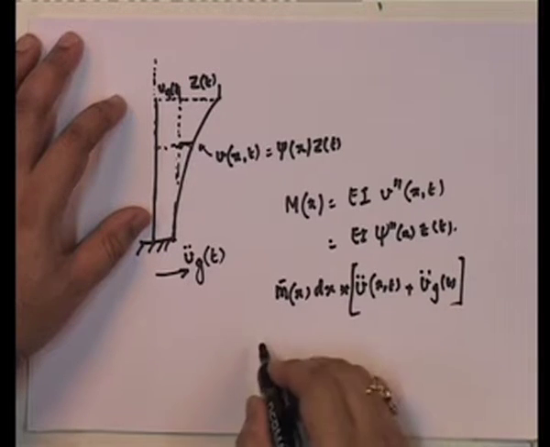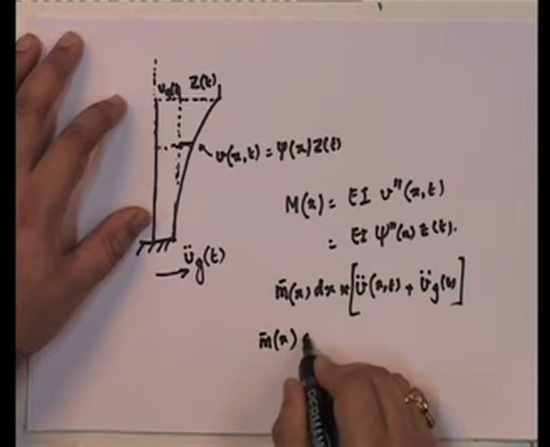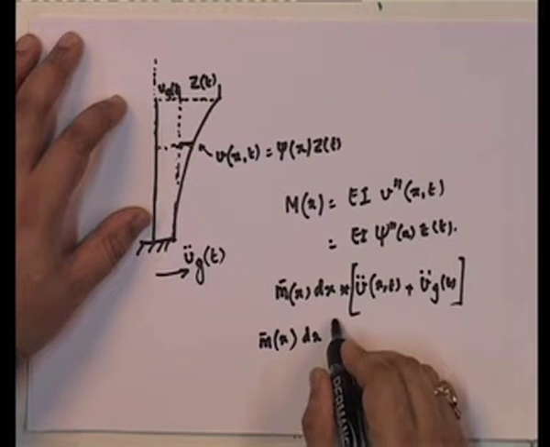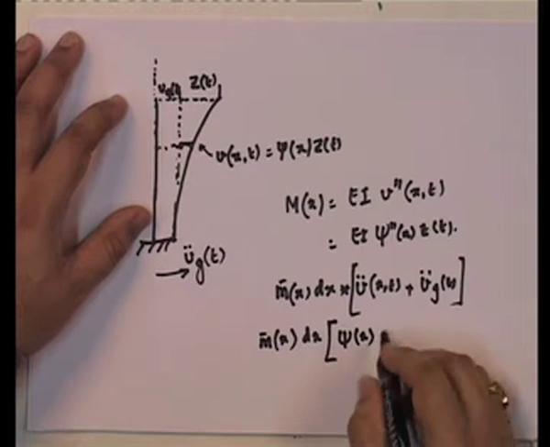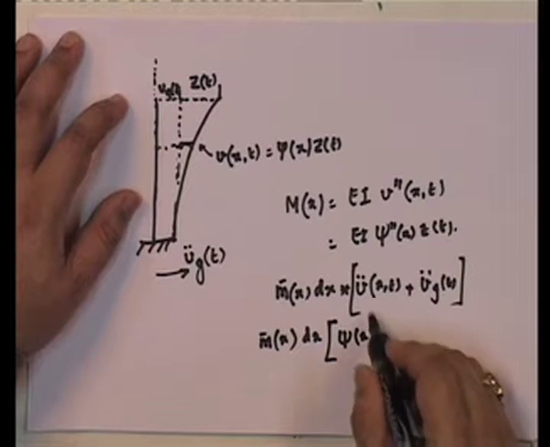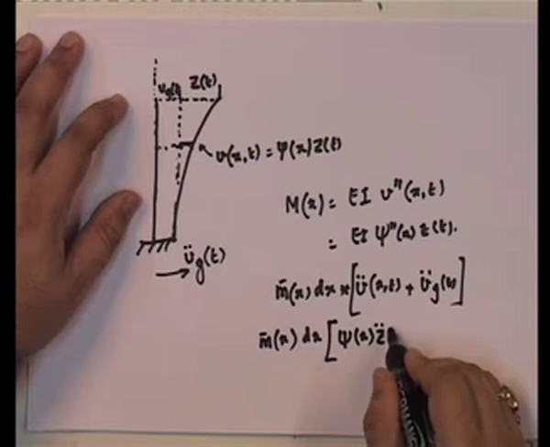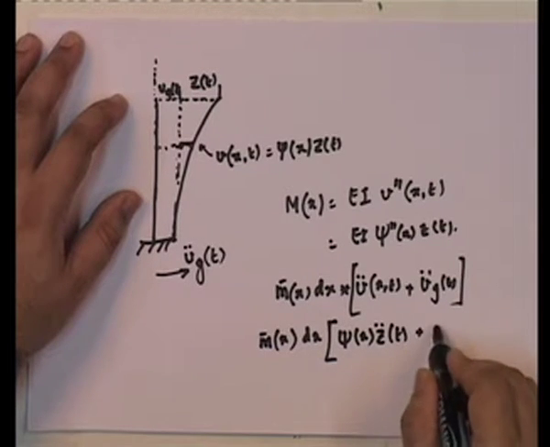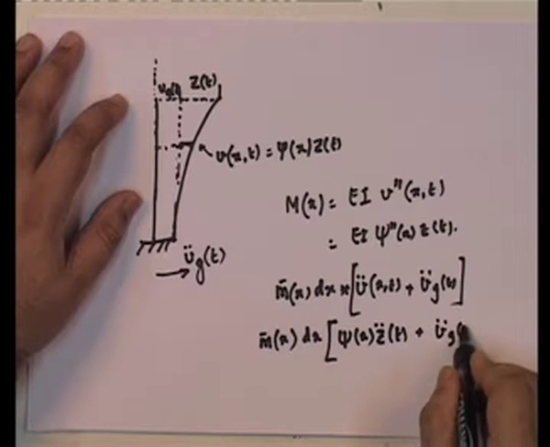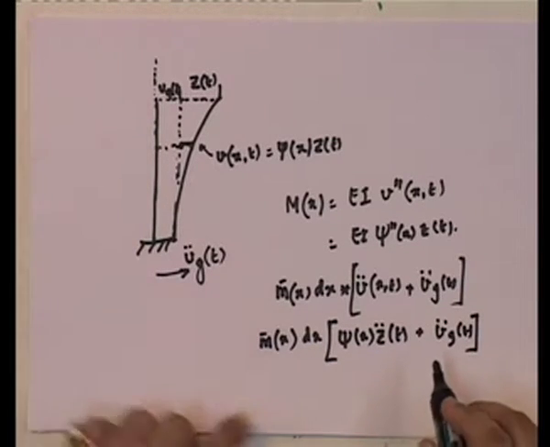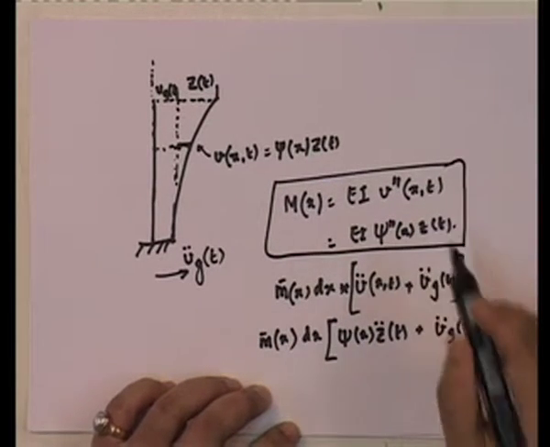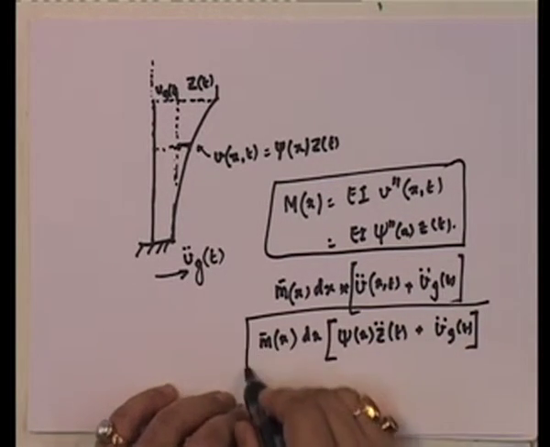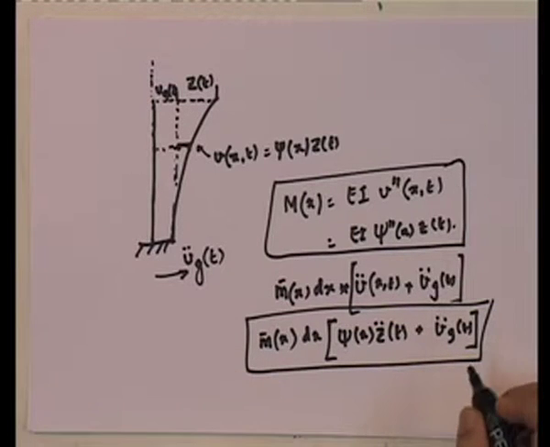I will put this as m bar x dx into xi x into z double dot plus v double dot g of t. So, this is due to the deformation and this is the inertial force term.